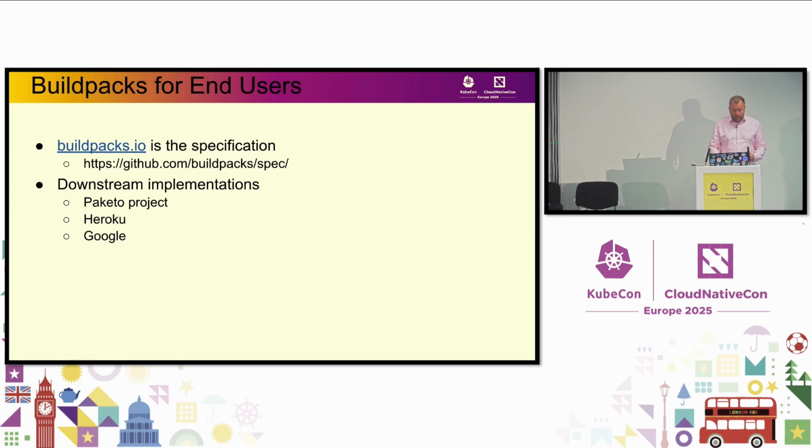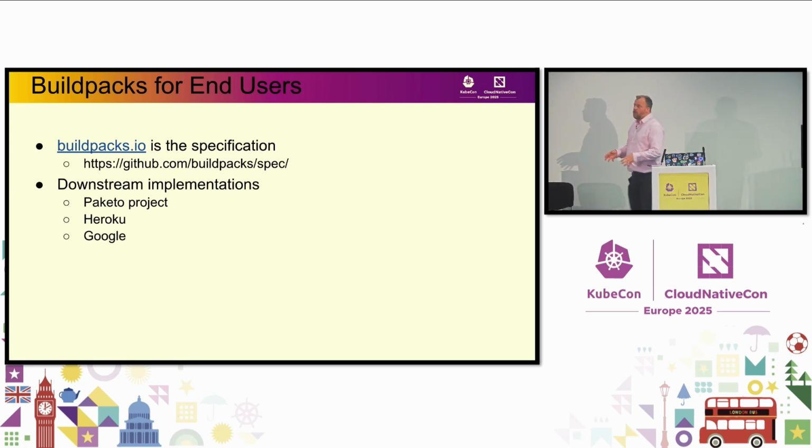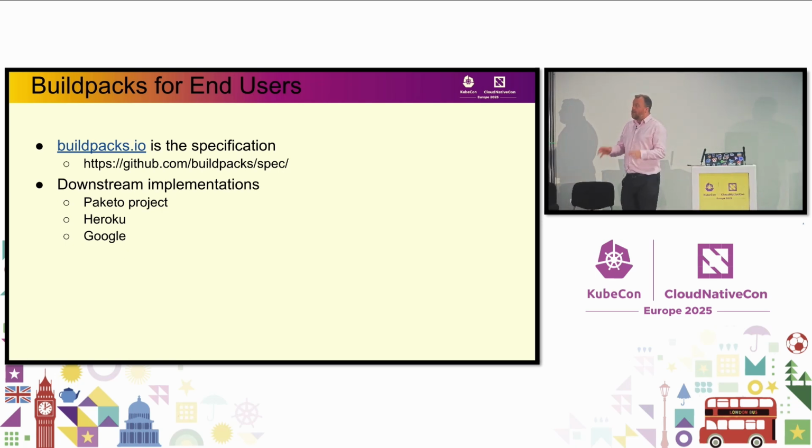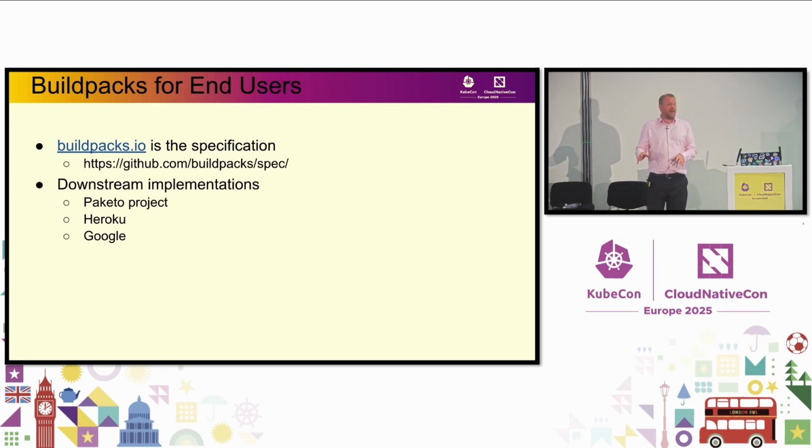From the end user's perspective, I appreciate it looks slightly complex. Right, we're the cloud native Buildpacks project. We're at buildpacks.io, and we maintain a specification. The specification is at that Git URL. You can change that specification if you want to come along to our meetings and suggest improvements to it. We also provide the pack and kpack tools for people to use Buildpacks.